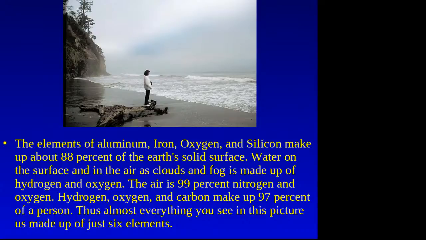Now, if we look at what everything is made of, we have some elements that appear over and over again. Iron, oxygen, and silicon make up 88% of the Earth's solid surface. In fact, most of the Earth is silicon oxide. All the oxygen you breathe was actually trapped in rock at one point in time.